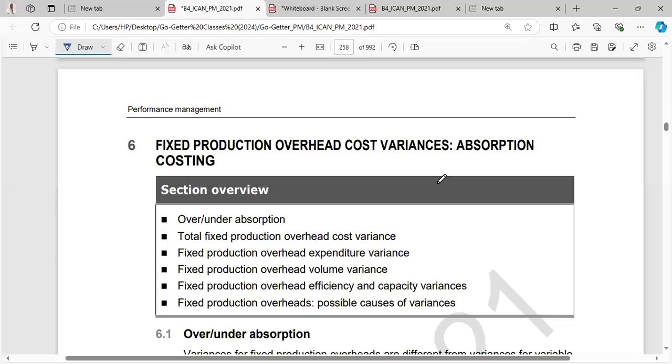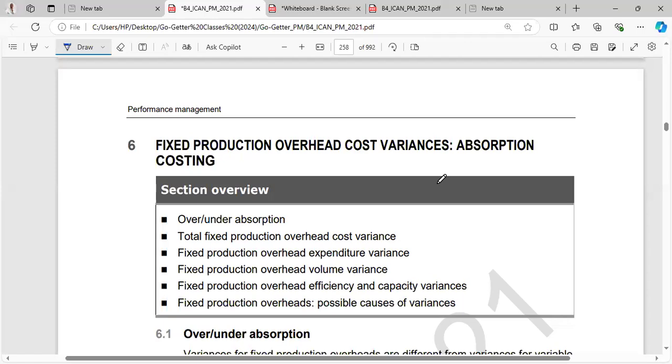In part 4, we will be taking a full question from the past question and see how it is being done so that we can know how a variance question is being attempted in the exam.